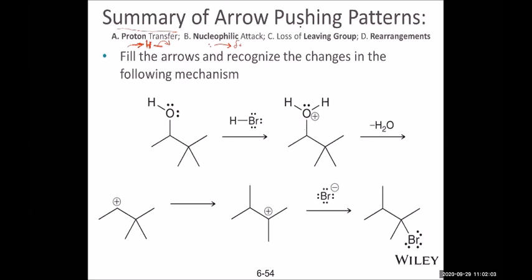And next one, loss of leaving group. A leaving group is when the carbon was bound to something and this entire group leaves. When the entire group leaves, it causes the carbon to have a positive charge. And finally, rearrangement. Rearrangement is when some structure nearby has a carbocation, and a group completely moves.